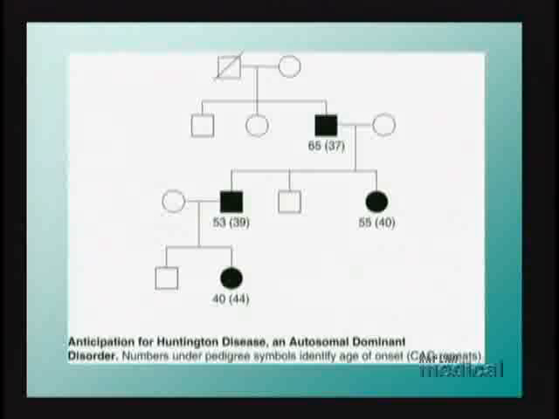His children had 39 or 40 of those repeated copies, and the female at the bottom of this pedigree had 44. So this trinucleotide repeat was expanding. The mutation was getting worse as it went down through the generations in this family.